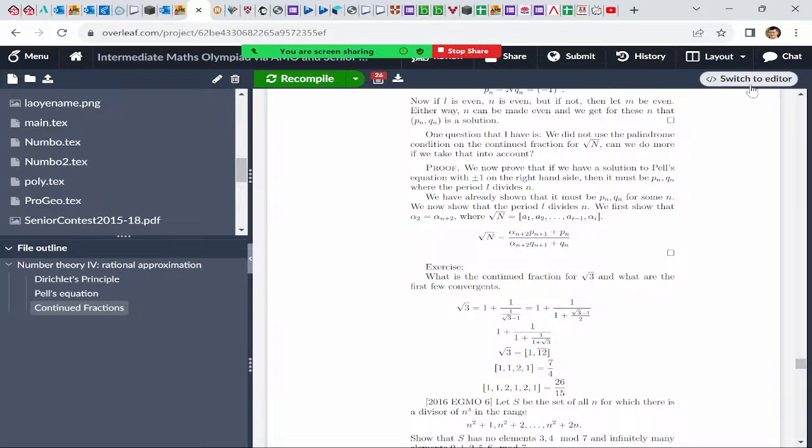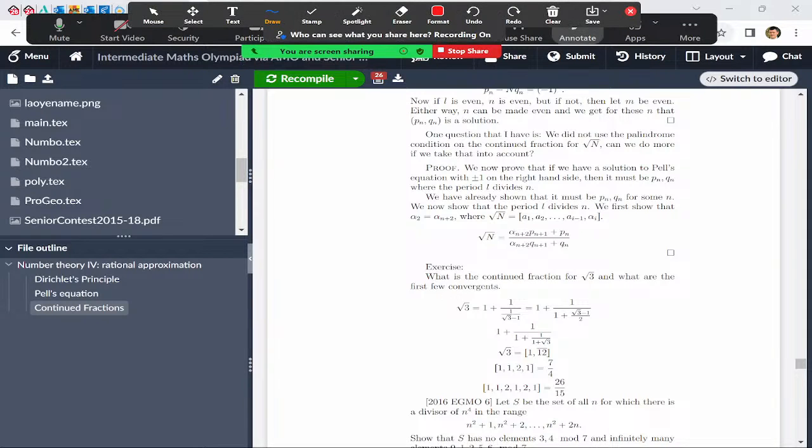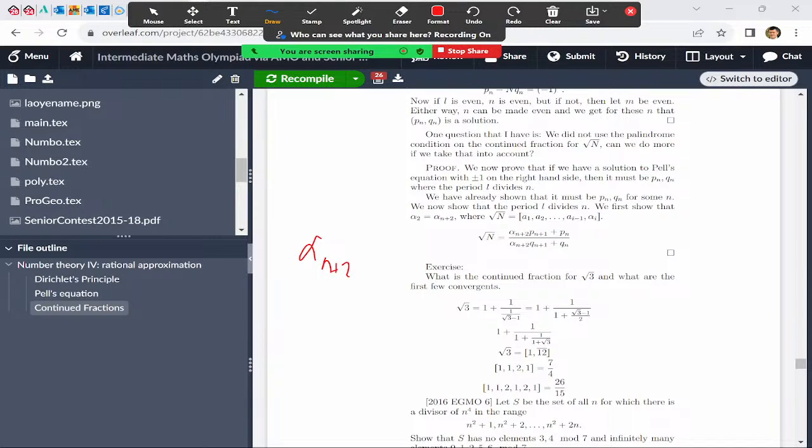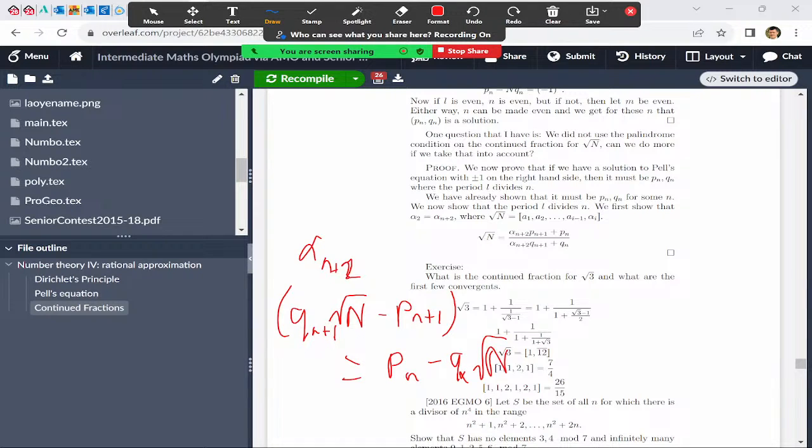So you do alpha n plus 2 times qn plus 1 root n minus pn plus 1 equals pn minus qn root n, yeah?